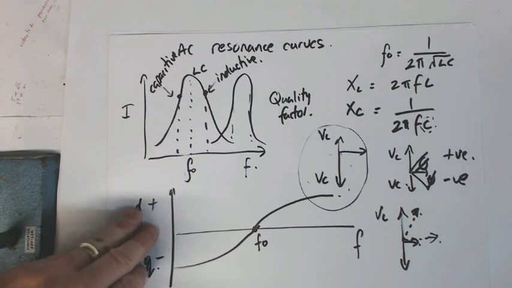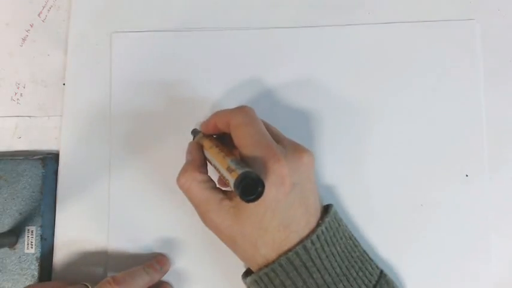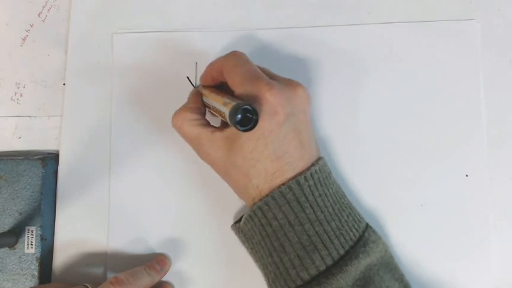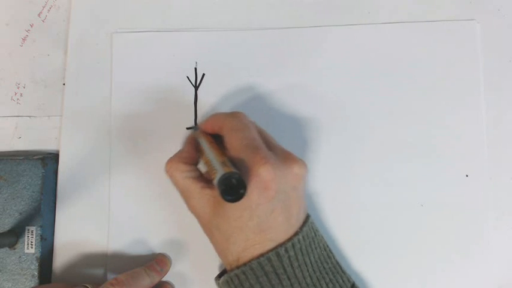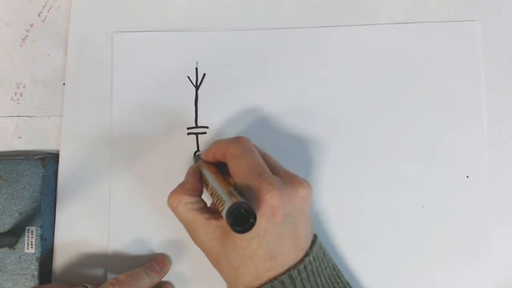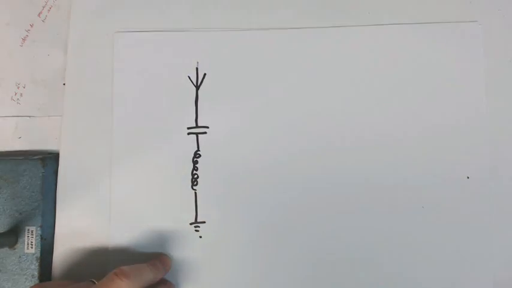What we also see is these tuned circuits. Often what you've got, this is like a symbol for an aerial, you can make a circuit like this, underground. That becomes your aerial.